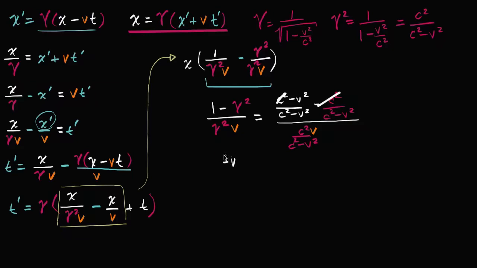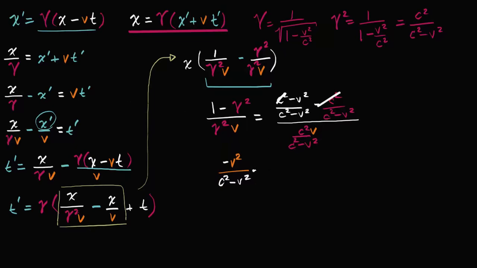negative v squared over c squared minus v squared. And we're dividing by this, and that's the same thing as multiplying by the reciprocal. So let's multiply by the reciprocal.